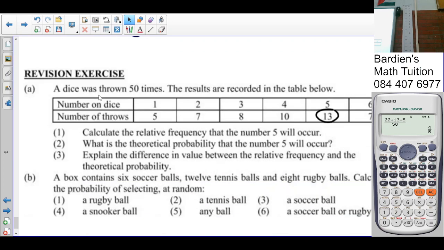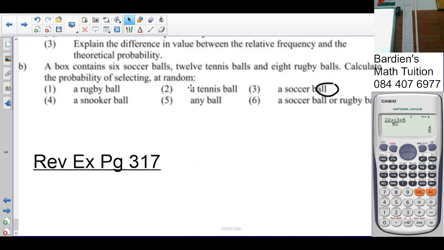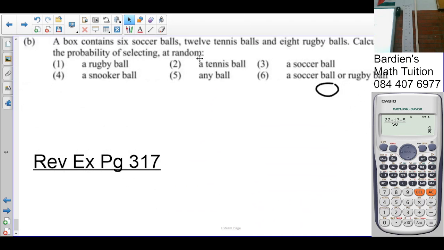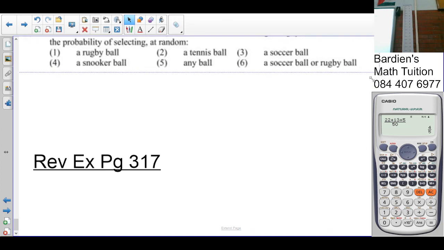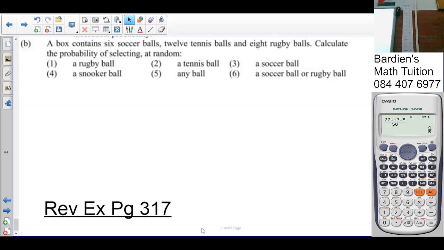Let's carry on. We're looking at number 2, sorry, B. In B, we are told that the box contains 6 soccer balls, 12 tennis balls and 8 rugby balls.